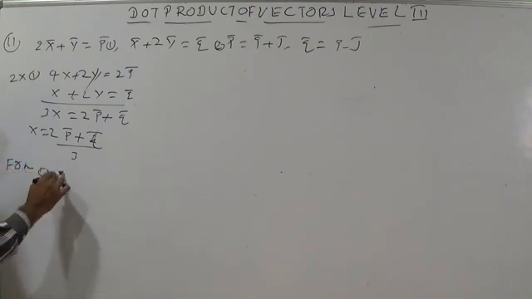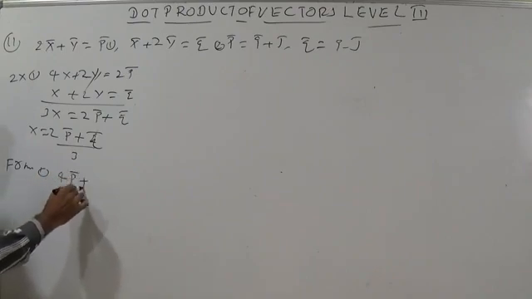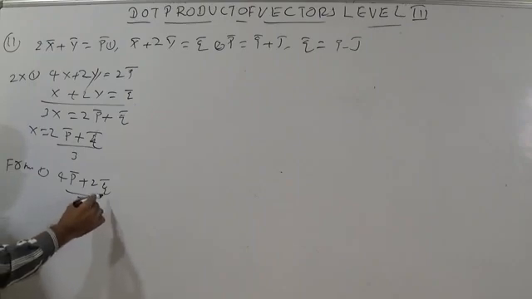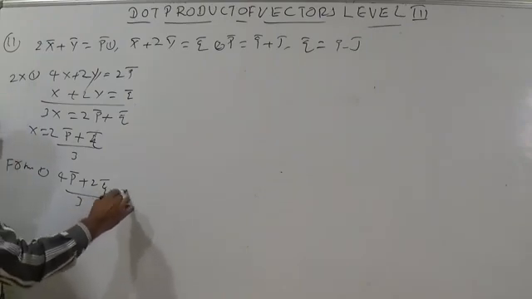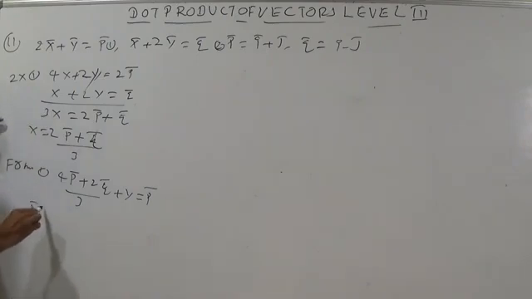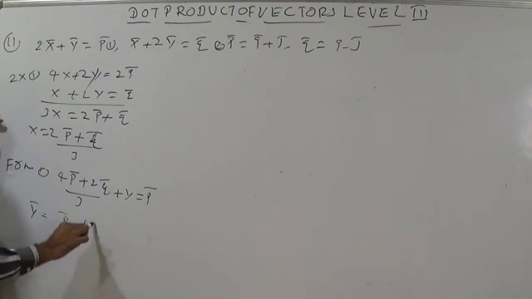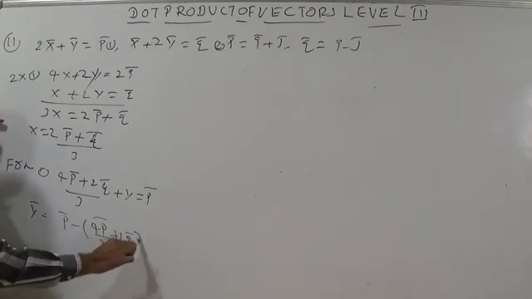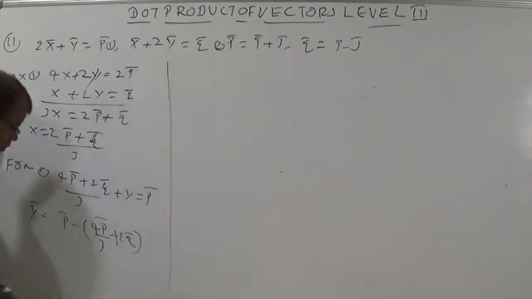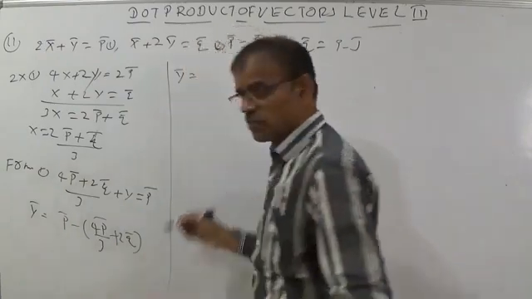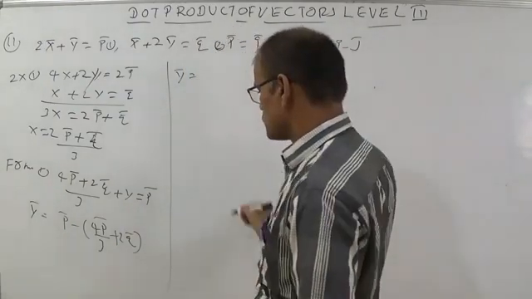From 1, I am writing (4P bar plus 2Q bar) by 3, plus Y is equal to P bar. Taking this to that side, Y is P bar minus (4P bar plus 2Q bar) by 3.